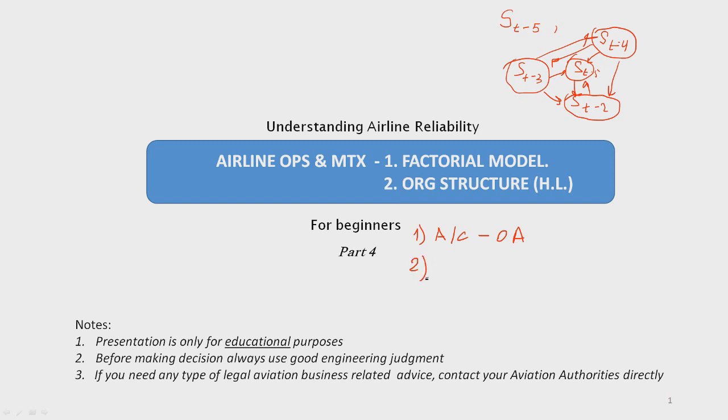Number 2, flight. We are buying this aircraft to fly, connecting cities. Number 3, we have to maintain this aircraft, maintenance. And number 4, parts logistics. We have to replace some failed parts, okay?